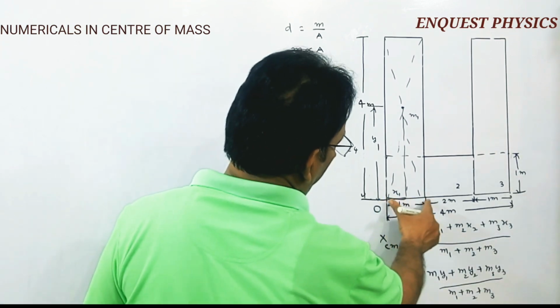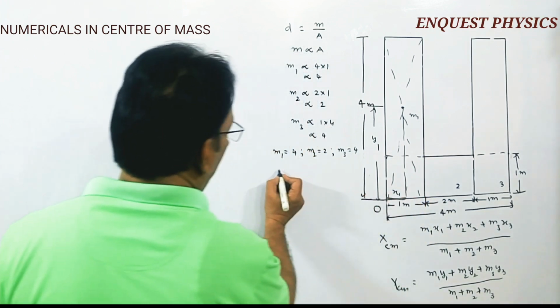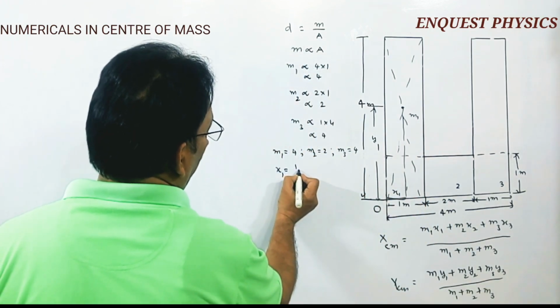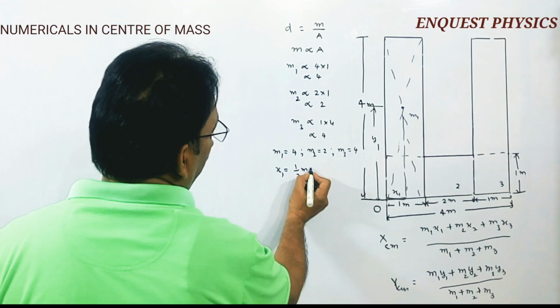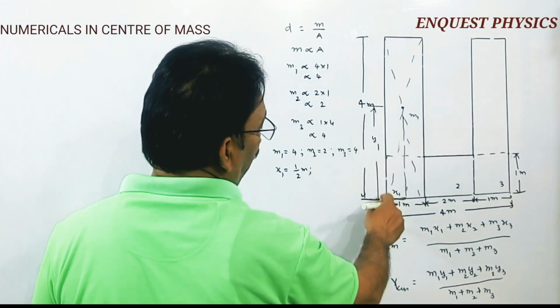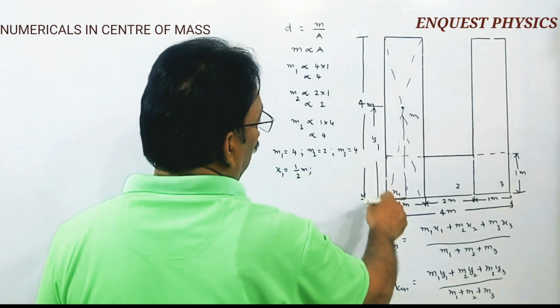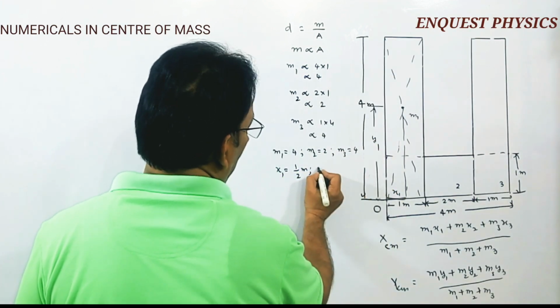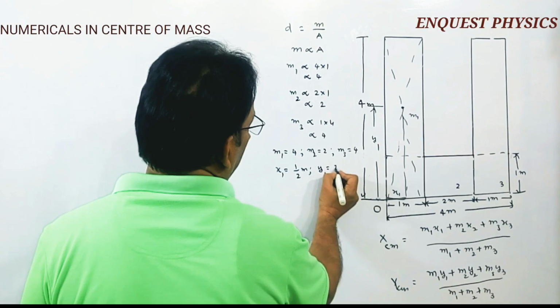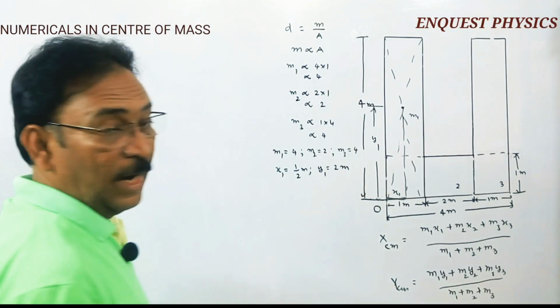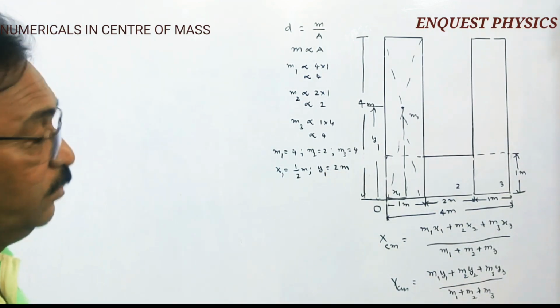If you watch it carefully, it is totally 1, then x1 is equal to 1 by 2 meter, and we get the y1. Since this height is 4, y1 is equal to half of that, it is 2 meter. We had the coordinates x1 and y1.